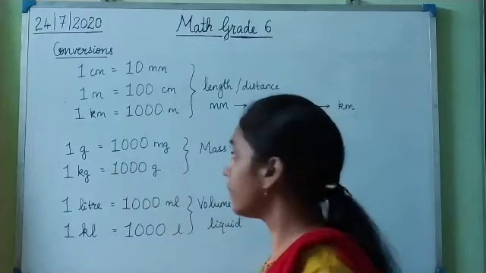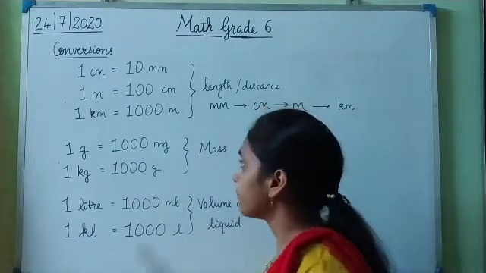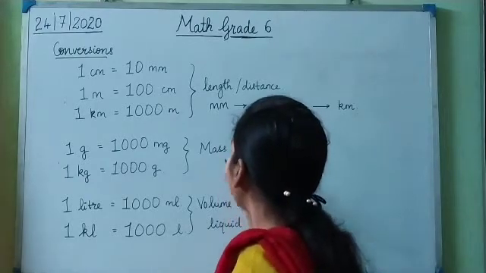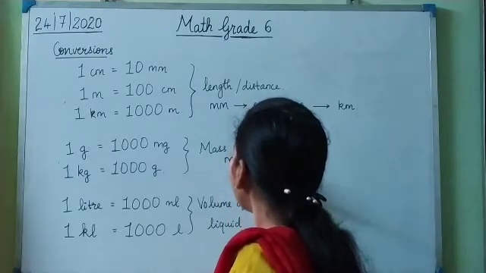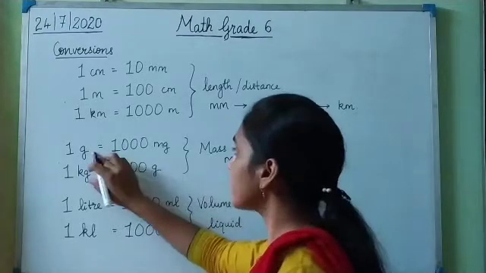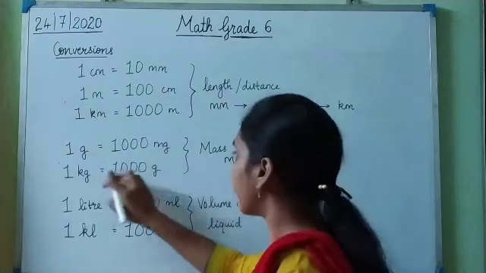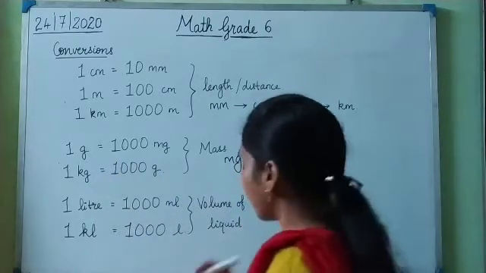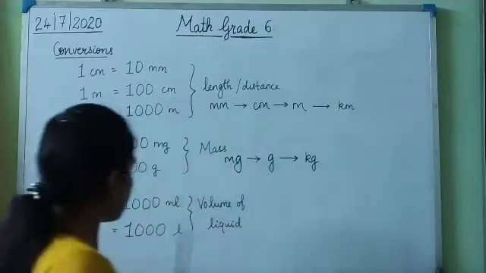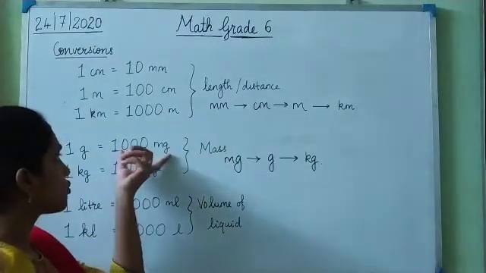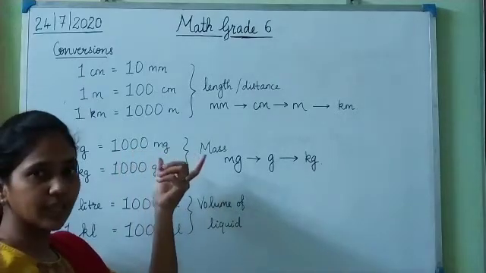Okay, so now the second is mass. For mass, the order is first milligram, then grams, and then kilograms. G means gram, mg means milligram. So 1 gram is equal to 1000 milligrams.